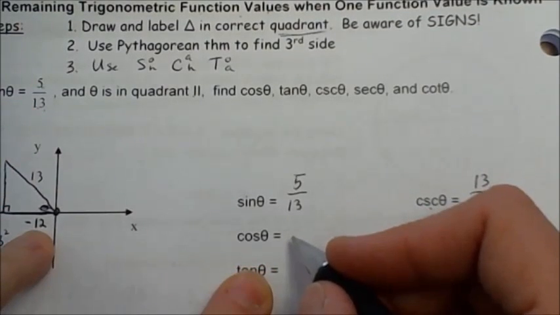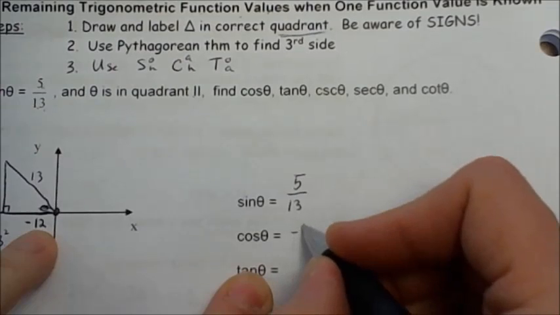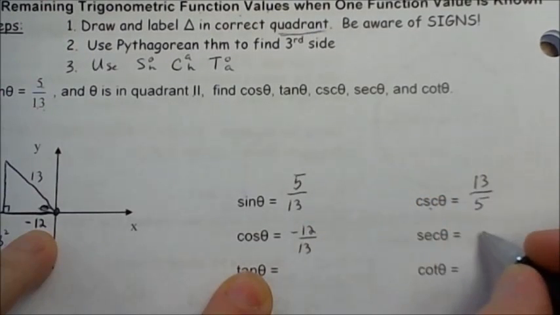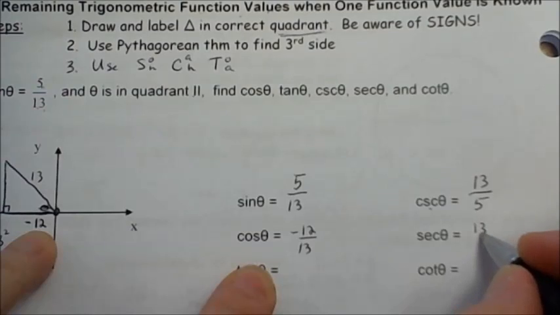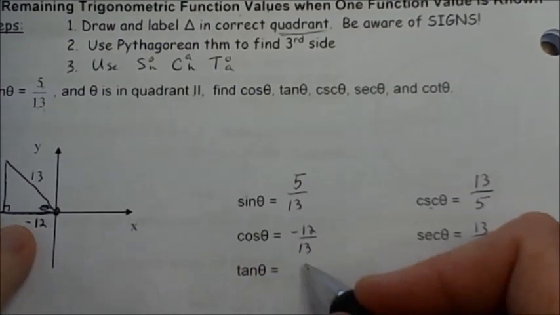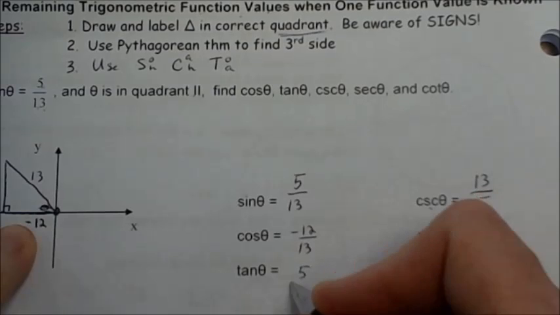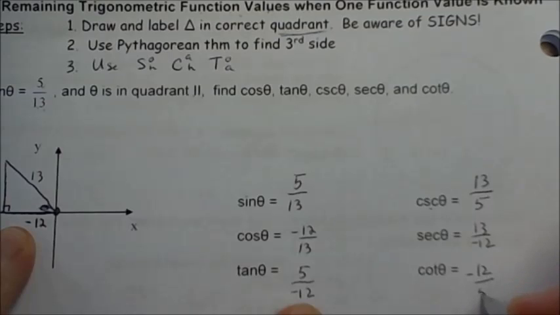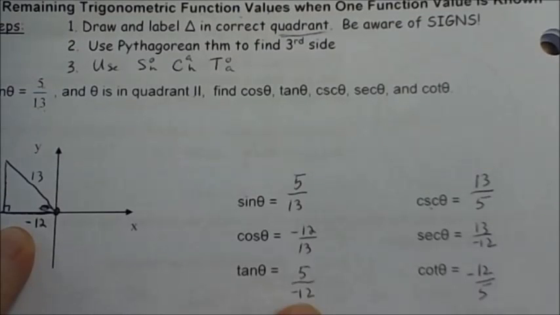Cosine is adjacent over hypotenuse, so the adjacent side is negative 12 and the hypotenuse is 13, and you flip that to get the secant, 13 over negative 12. Then the tangent is opposite over adjacent, so it's 5 over negative 12, and you flip that upside down for cotangent and get negative 12/5. And then you're all done with that problem.